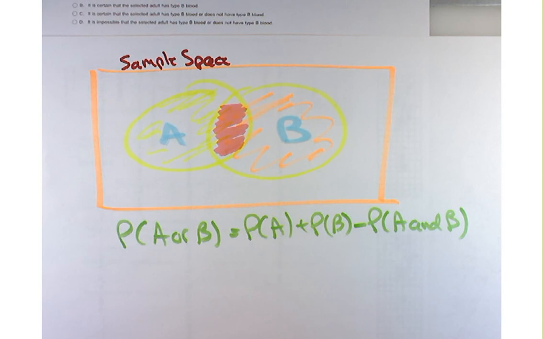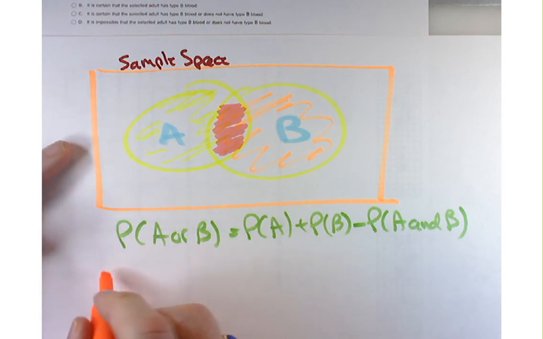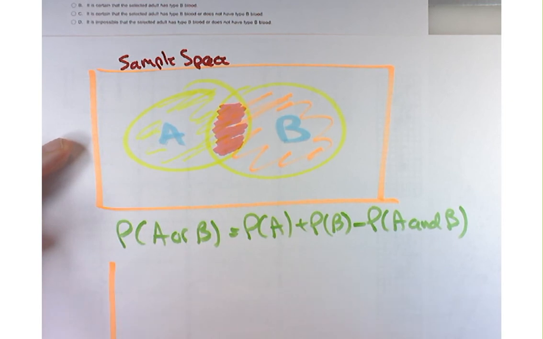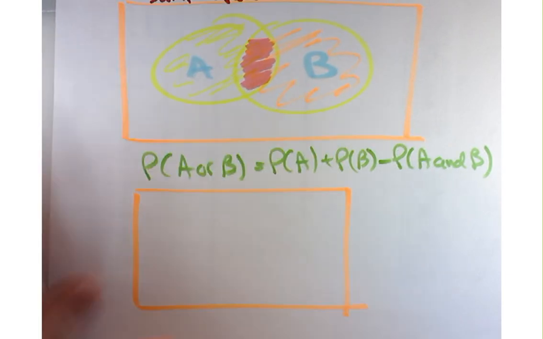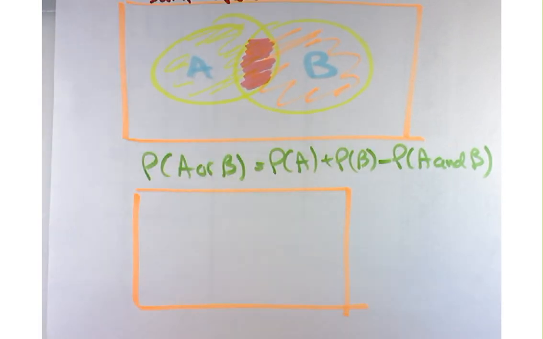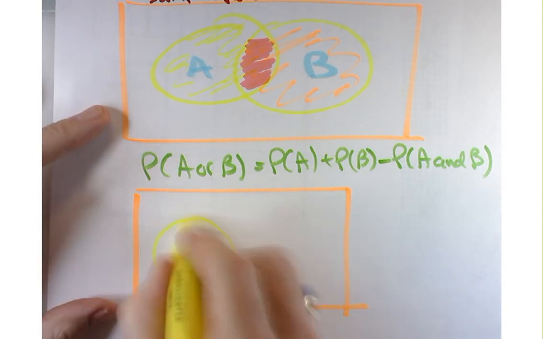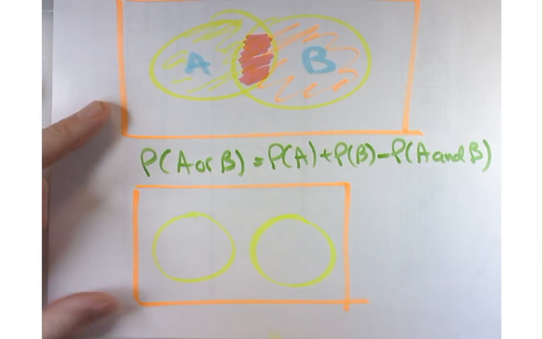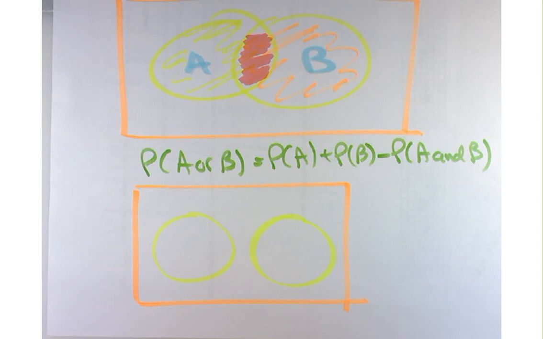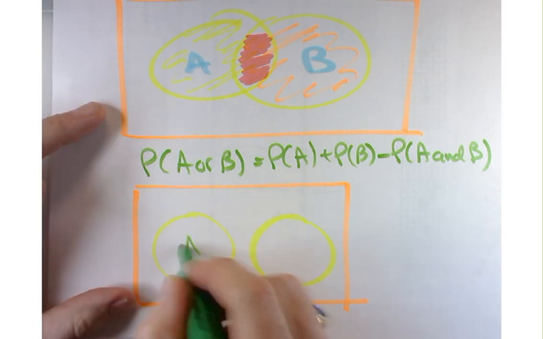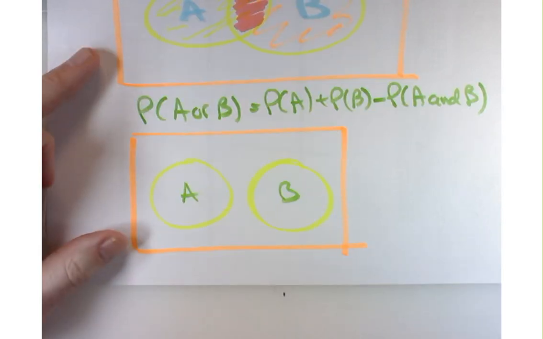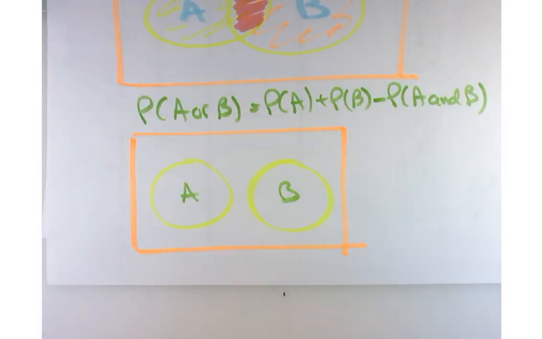Now there's a different kind of thing that can happen here, and it gives me a chance to remind you of something that I mentioned the other day. Again, this is a sample space. So let's draw a couple of events, A and B, but this time they're a little bit different. So what's different about these events? They don't overlap.